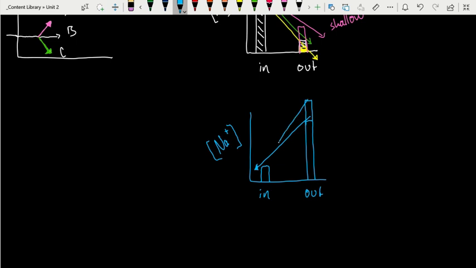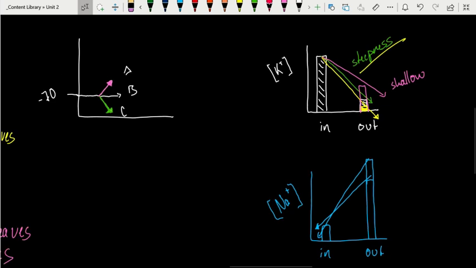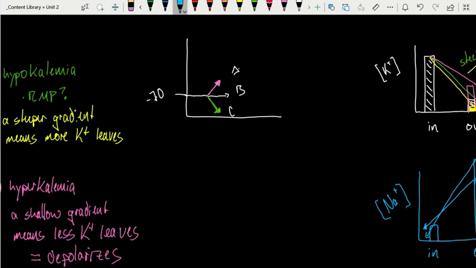We increase the steepness of the gradient. In other words, sodium wants to get in more. So how's that going to affect resting membrane potential? What do you think? A, depolarization as sodium goes into the cell. B, nothing. Or C, hyperpolarization.